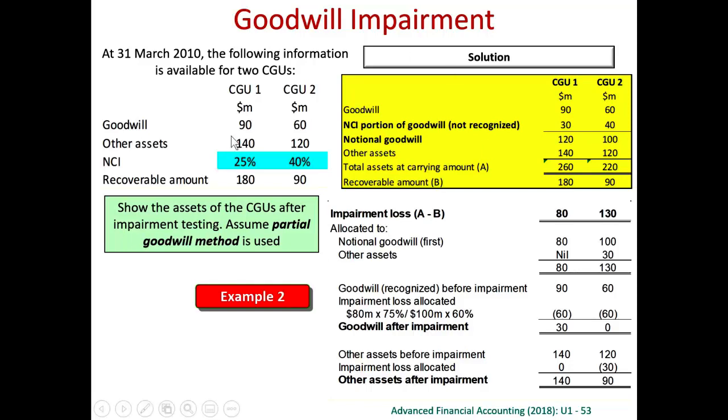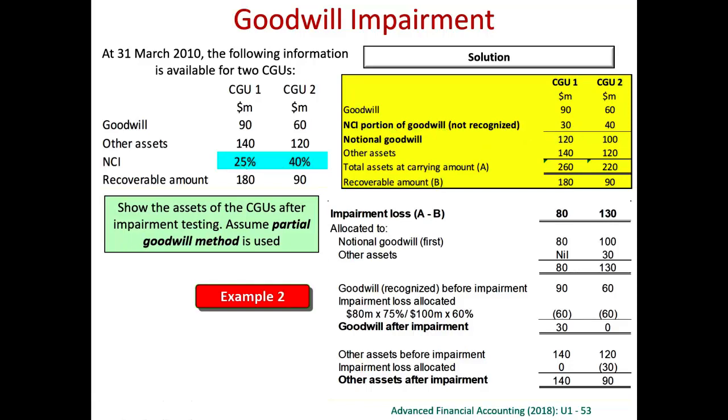So therefore, before we compare the recoverable amount with the carrying amount, we must estimate the notional goodwill for NCI. If goodwill for parent is 90, goodwill for NCI on a proportionate basis must be 30, because NCI is 25%.